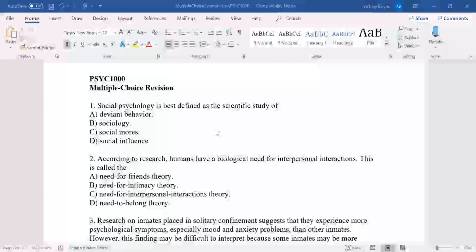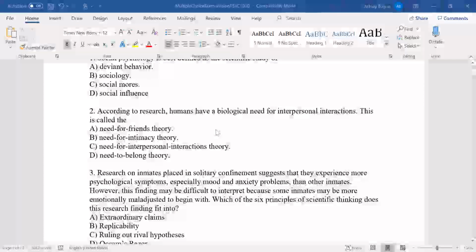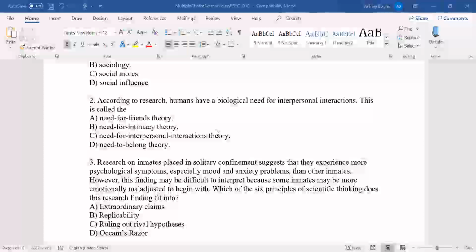Okay, so for number two, according to research, humans have a biological need for interpersonal interactions. So this is called the A, need for friends theory, B, need for intimacy theory, C, the need for interpersonal interactions theory, or D, the need to belong theory.